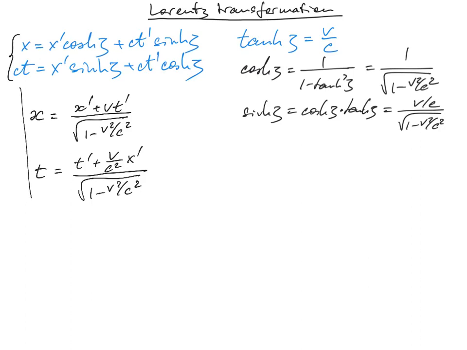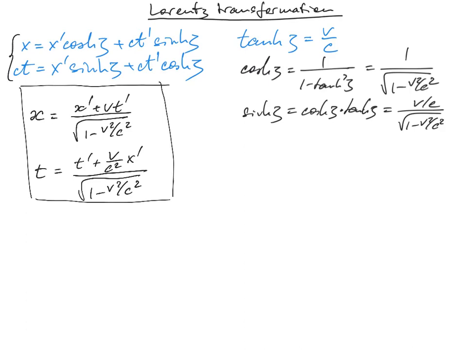Okay, so this is now the transformation where everything is clear. There's no parameter zeta that we need to determine. Here everything is expressed in closed form. So this tells you what happens to x prime and t prime when you re-express them through the coordinates in reference frame k.